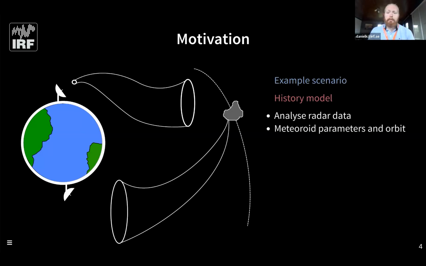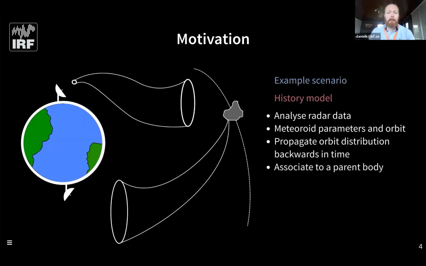After we've done that, we want to see what the possible histories of this meteoroid were. So looking at a single event, going backwards in time, and then maybe associating that to a parent body. Having the uncertainties when you do that is very important, and having a probability distribution is even more important if you want to look at the possible histories that you can have.